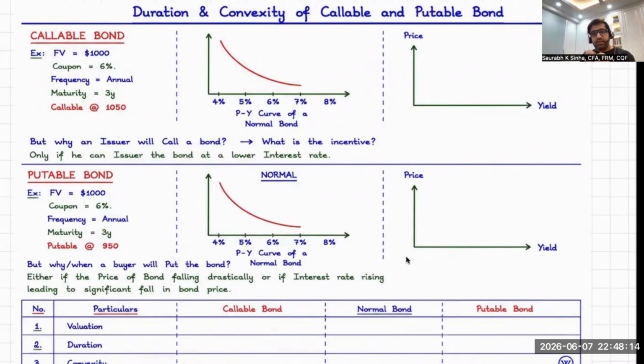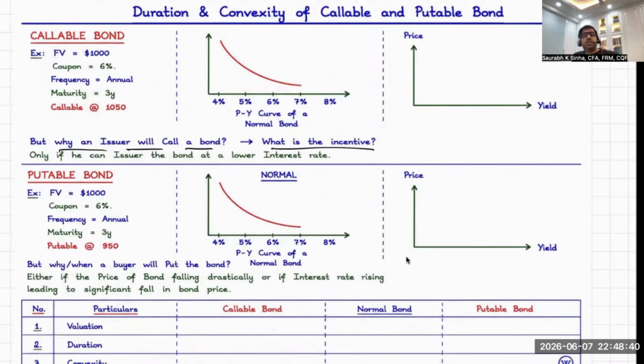The callable feature is to help the bond issuer, where the bond issuer can buy back the bond whenever the bond issuer feels like. But the question is, why an issuer will call the bond in the first place? What is the incentive?